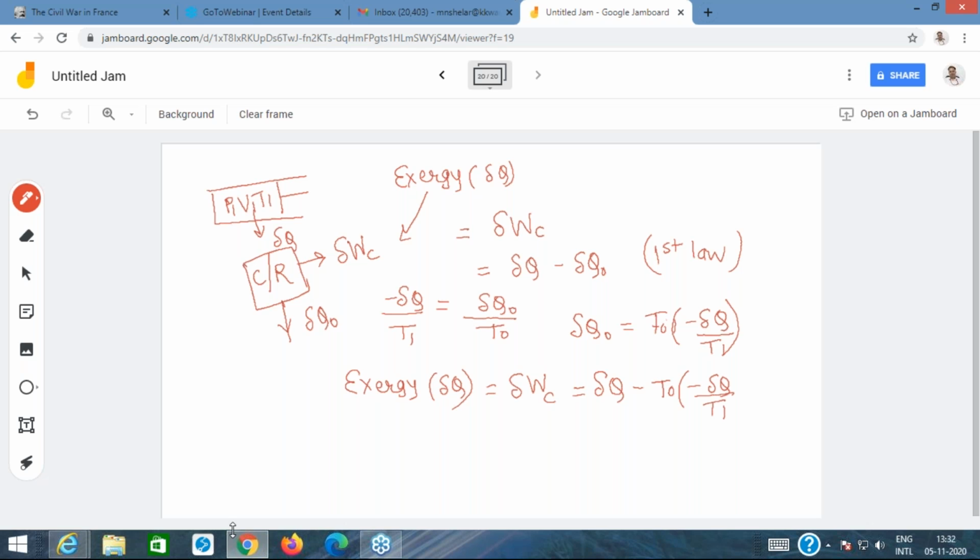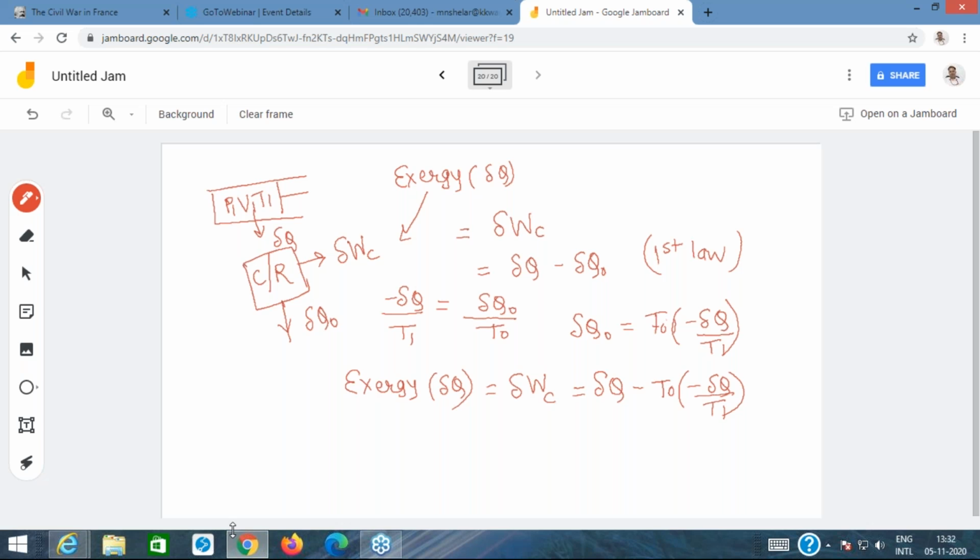Now you might ask me why I have taken a negative sign, because I am interested in finding this expression of exergy in terms of the entropy change of this system. I put this as negative because I want you to understand that we are talking about the decrease in entropy of this system because of the heat transfer.